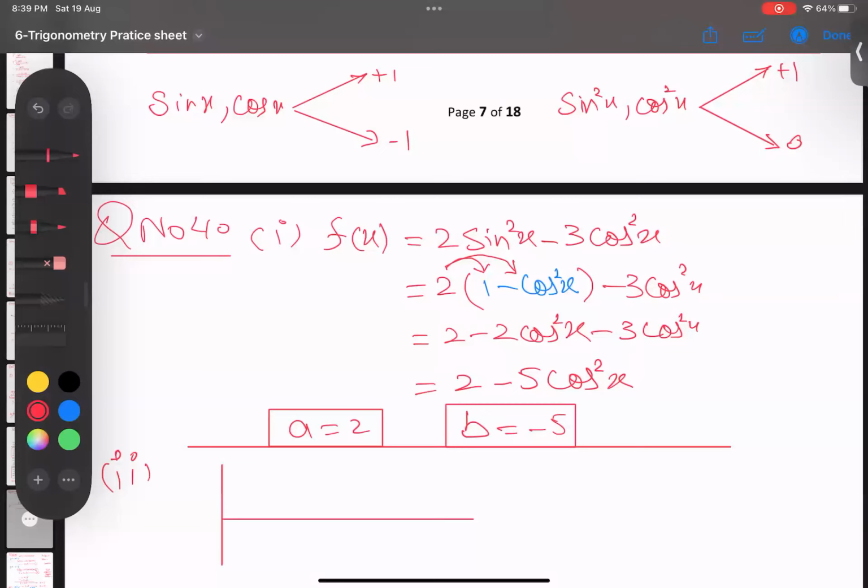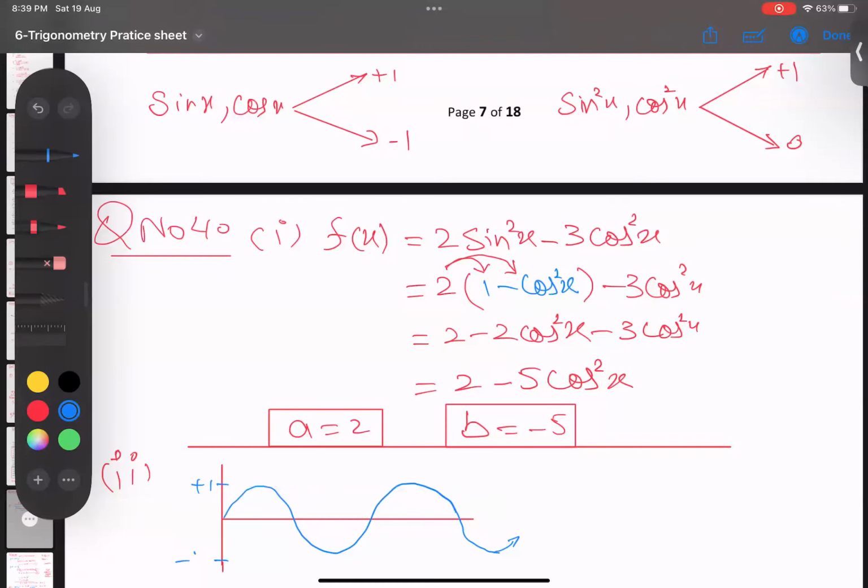For example, if I draw the sine curve, the sine curve goes this way. I show you again. The sine curve starts from the middle and moves like this, and continues forever. The highest value at the top peak is plus 1, and the lowest value is negative 1.